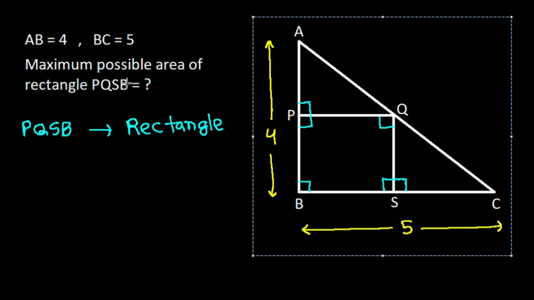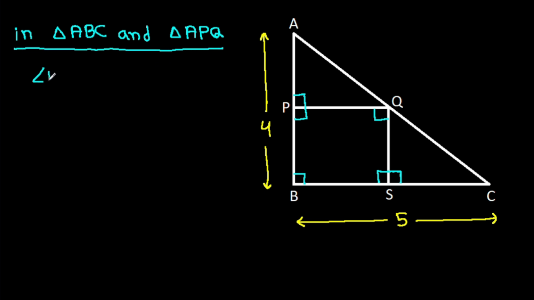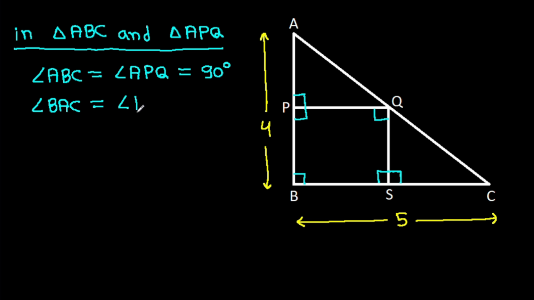Now in triangle ABC and triangle APQ, we have angle ABC is equal to angle APQ, that is 90 degrees, and angle BAC is equal to angle PAQ, that is common.